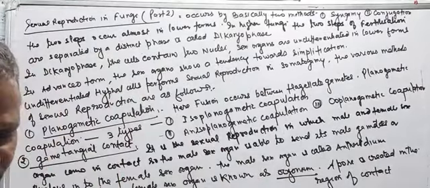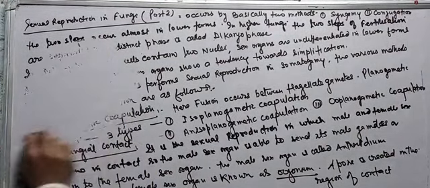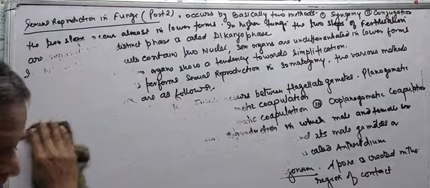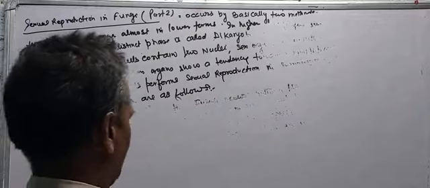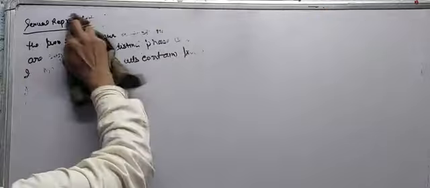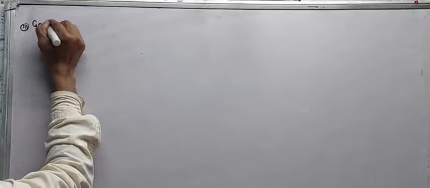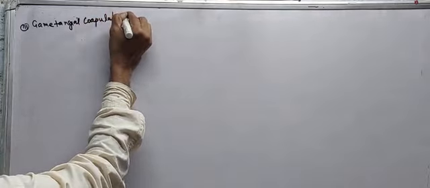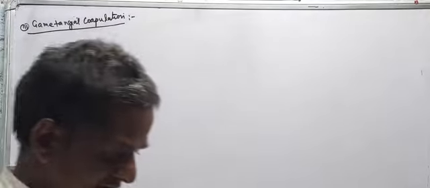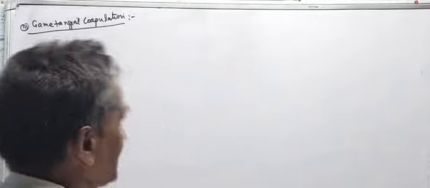Number third type of mode of sexual reproduction, gametangial copulation.